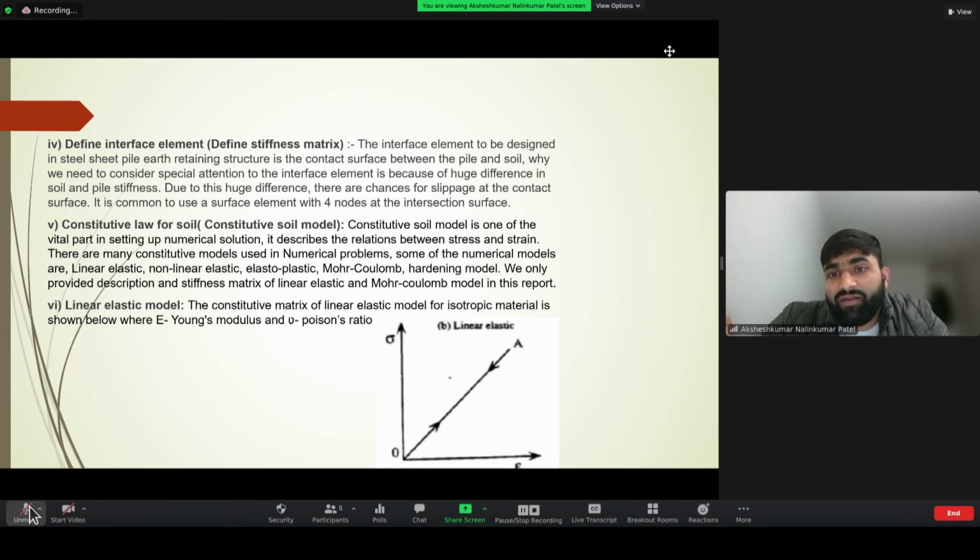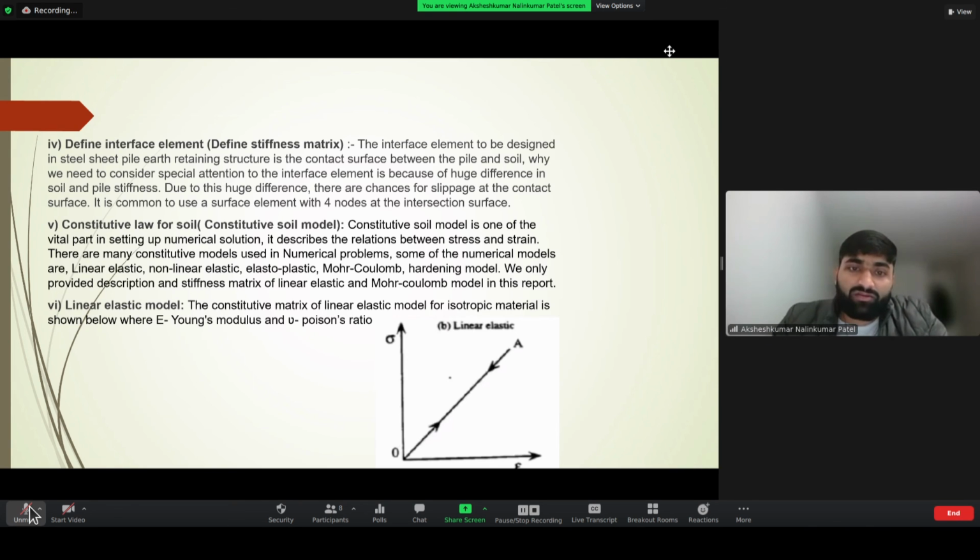We also understand that there is a huge difference between the stiffness of the soil and the retaining structure, the inserted sheet pile, so we have to be very careful at that time. Based on that, we can decide our stiffness matrix. But in the most common use, we mostly use four nodes at the interface surface.